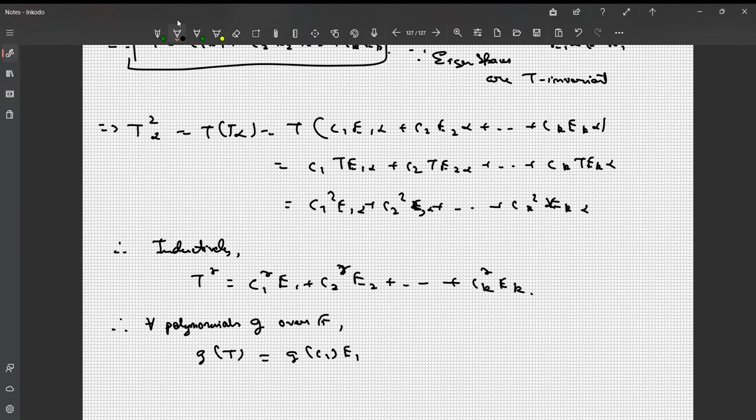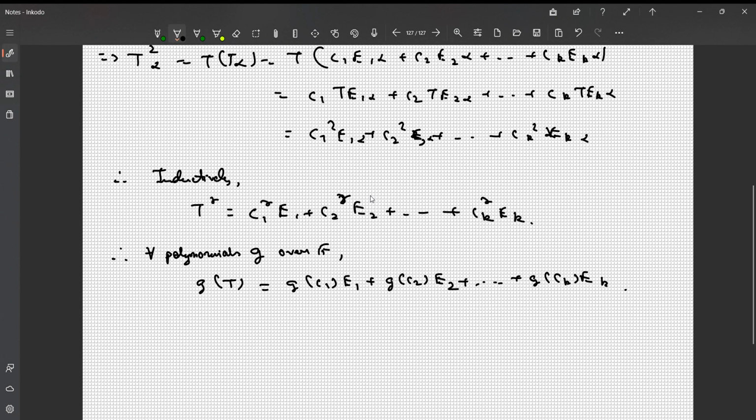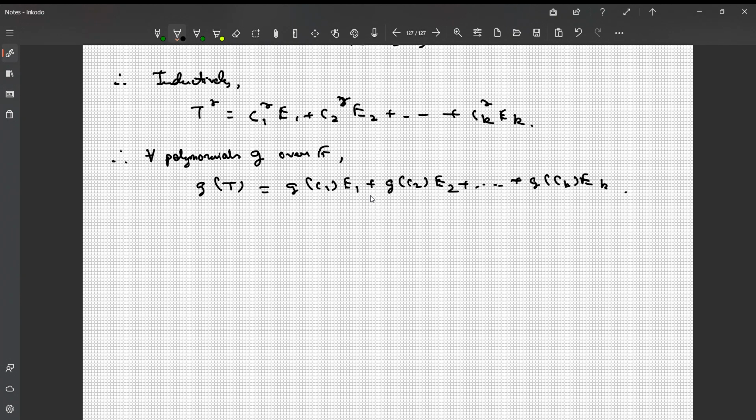Right. So therefore, for all polynomials g, what is g(T) decomposed as? It can be decomposed as g(c1) E1 plus g(c2) E2, and so on till g(ck) Ek.